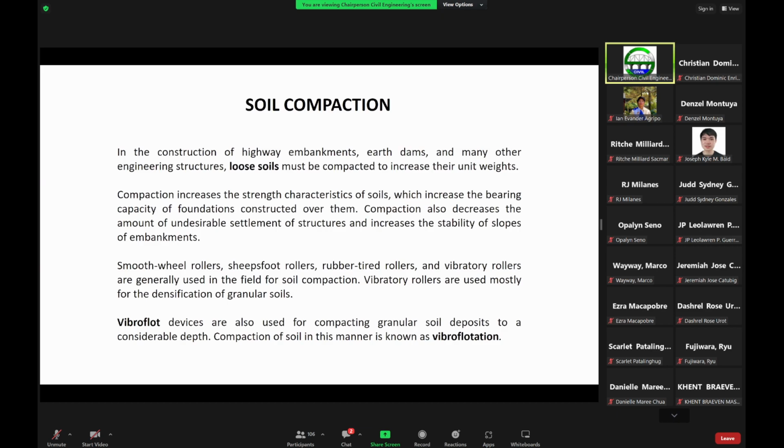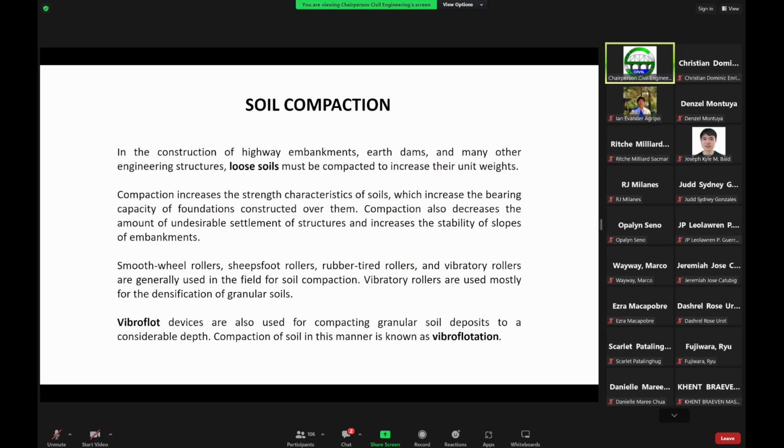So again, compaction increases the strength characteristics of soils, which increases the bearing capacity of foundations constructed over them. When we say foundations, normally we have shallow foundations, the ones that you have, for example, in your houses.